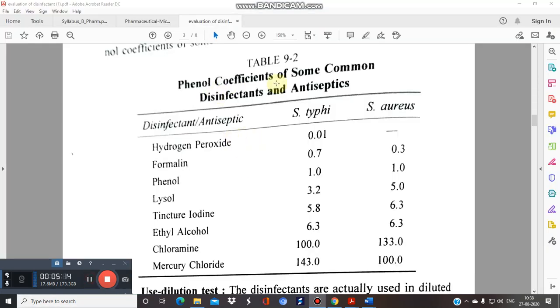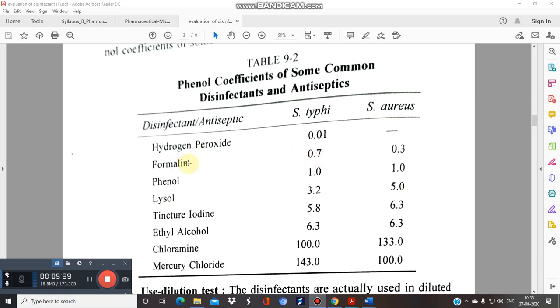So here phenol coefficient of some of the common antiseptics and disinfectants are given. Look at this. So here the value of phenol is taken as 1. Suppose just like formalin, it is active against this microorganism, it has a phenol coefficient value of 0.7.